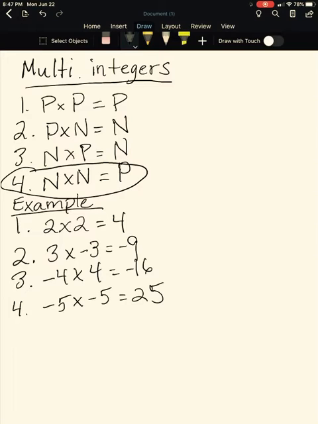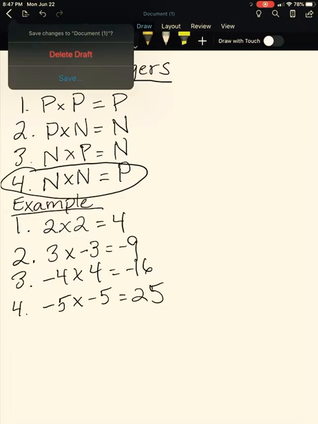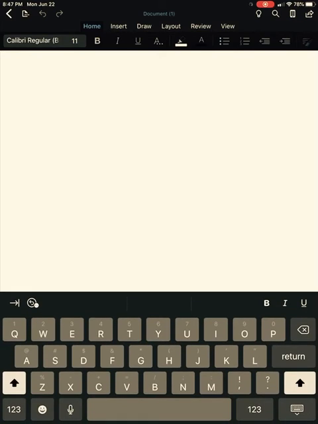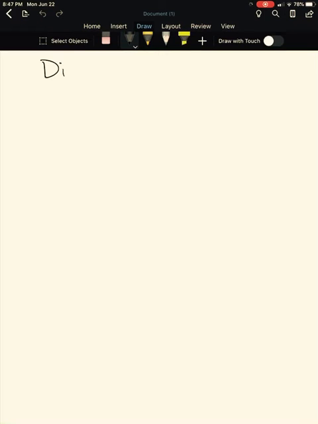So let's move on to division, dividing integers.